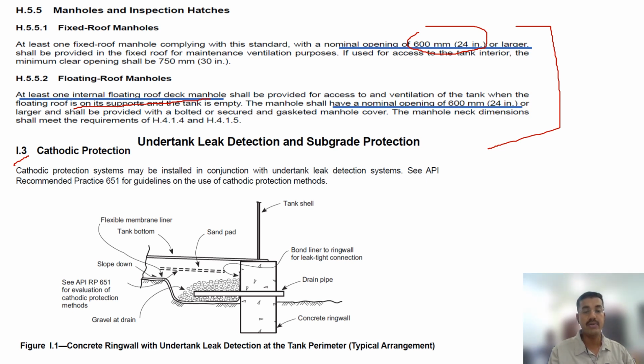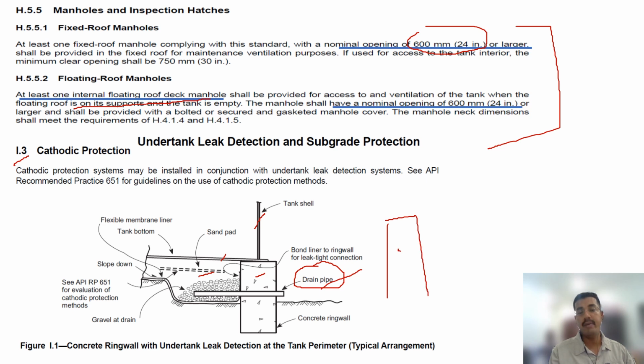Okay, we'll cover this. Here it is showing the concrete foundation, the bottom plate, the shell plate, and here there is soil or sand. So why is this drain pipe given? Actually, it is a perforated pipe, meaning this pipe has many holes.